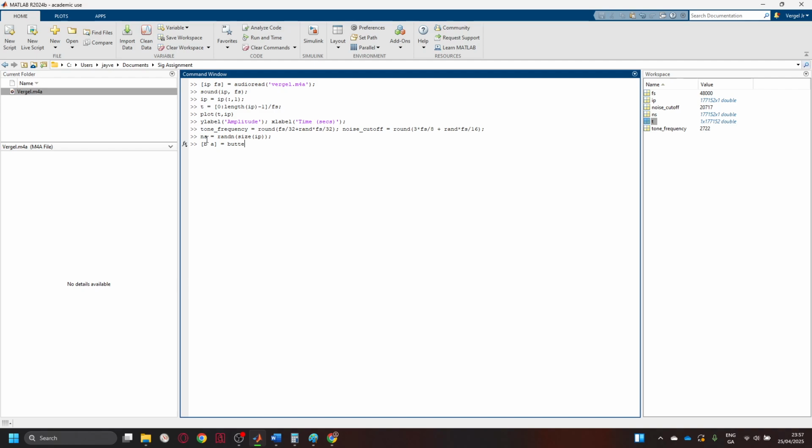I'm going to use the butter function and a sixth order filter. The noise cutoff for us is 20,717, all of that divided by fs over 2 to give us a normalized frequency. And we're going to set it to a high pass filter.